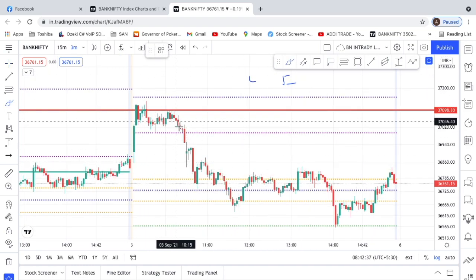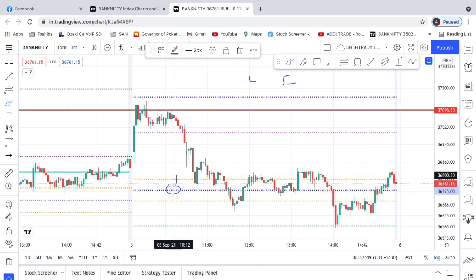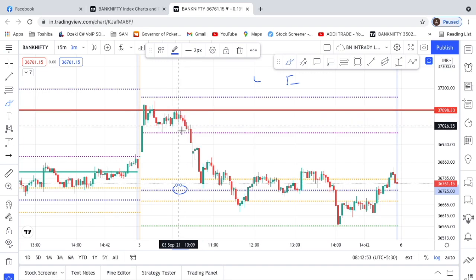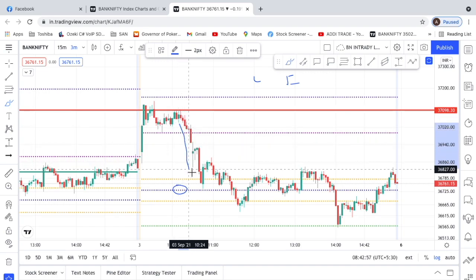We should always have our targets and stop loss decided before entering the trade. So this is the stop loss. Our first target is R1, and our second target is the CPR pivot line. So we started moving down. We made a low. Then we came up, and then again we started slipping.